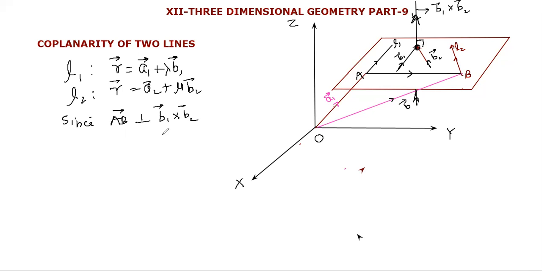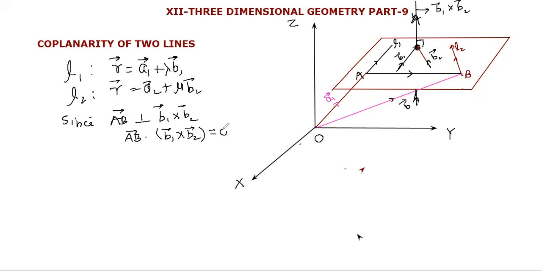Now they are perpendicular. As you know, if two lines are perpendicular to each other, their dot product is 0. Therefore, we get AB dot B1 cross B2 is equal to 0.